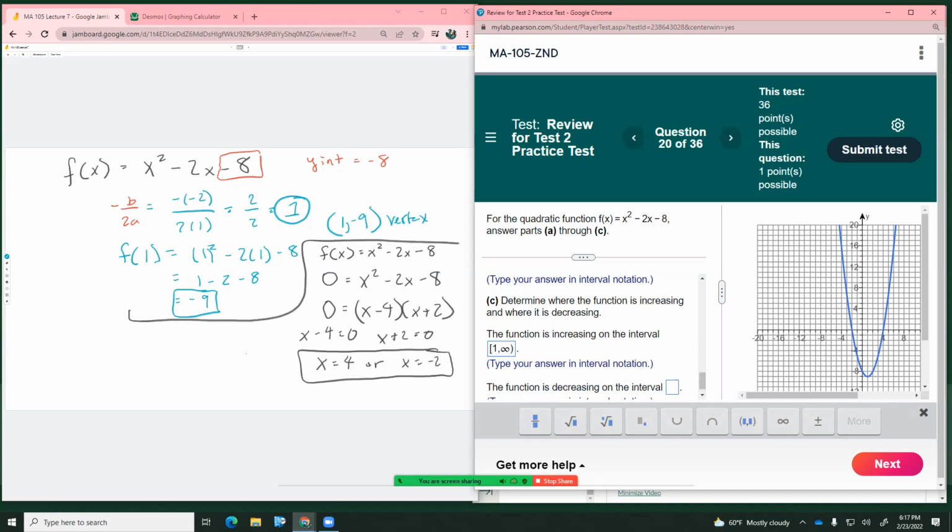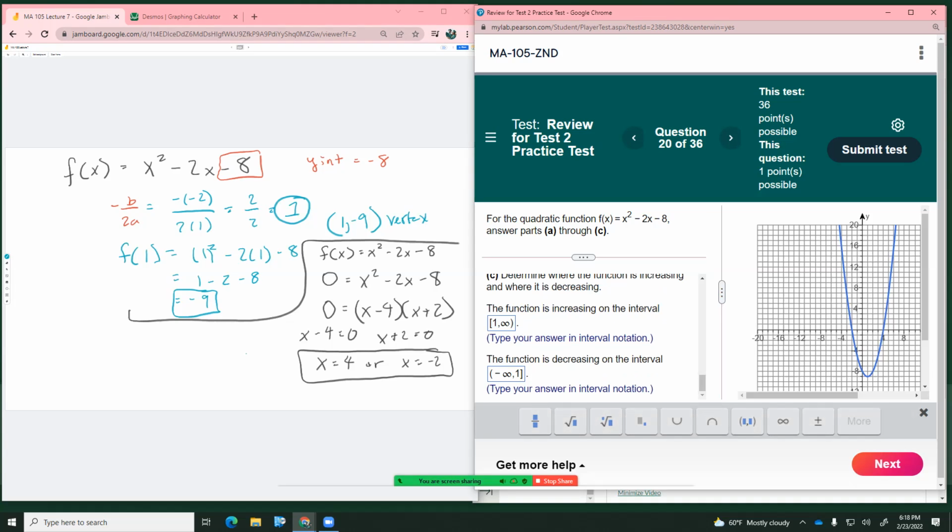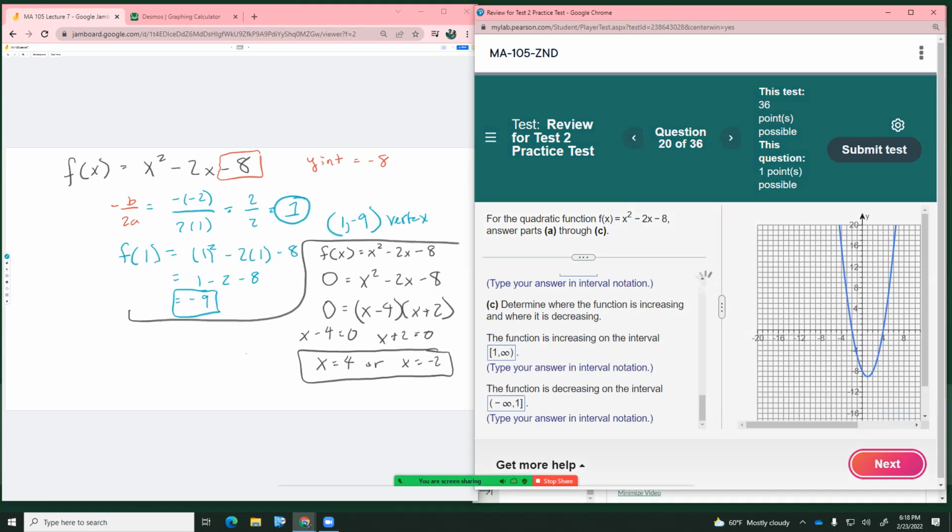As opposed to it's decreasing everywhere below 1. Remember, with intervals, we're only talking about the x values. So negative infinity to 1 included.